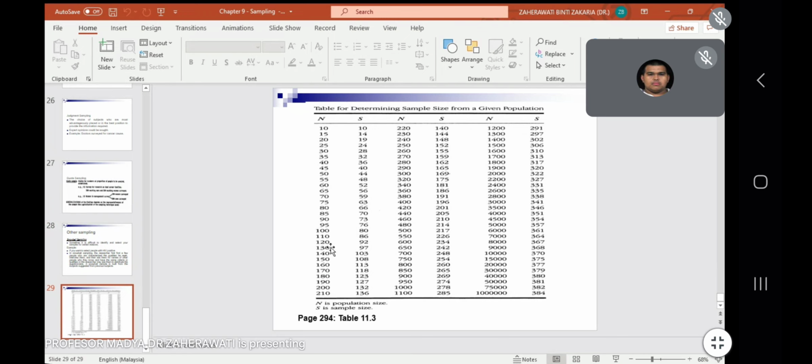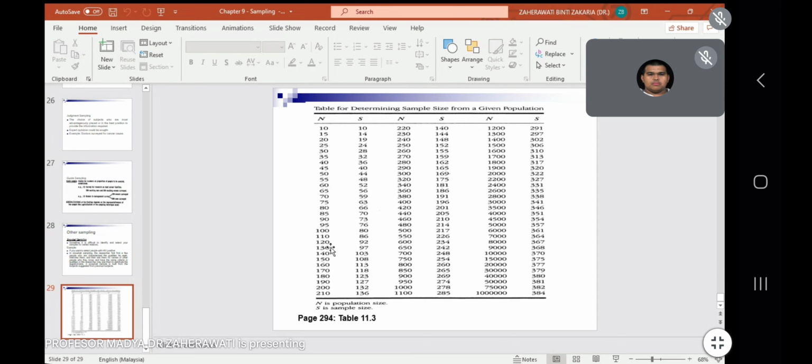You need to jot down, you have to Google after this, because this is the technique that I prefer students to use for a bigger population to get the sample size. Roscoe 1975, by using rule of thumb.